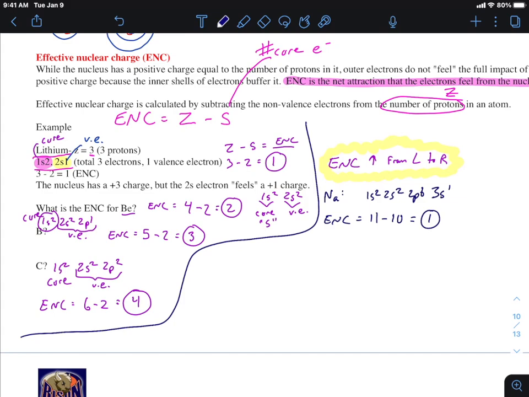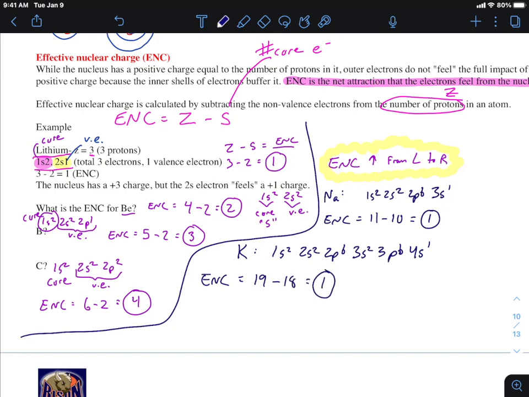Let's do potassium. Potassium is also an alkali metal. So potassium, which is 1s2, 2s2, 2p6, 3s2, 3p6, 4s1. The effective nuclear charge of potassium would be 19 protons minus how many core electrons in potassium? 18.